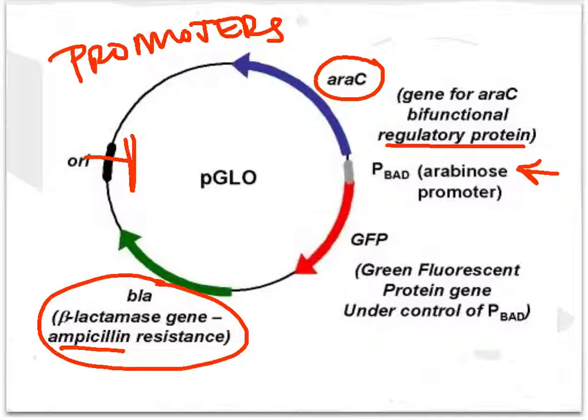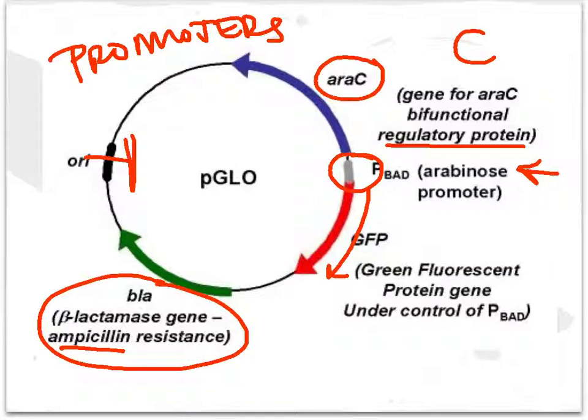When arabinose is present, we have a regulatory protein, which we're going to call protein C. When protein C is translated, it will attach to another promoter, this promoter here, and code for another protein called the green fluorescent protein. The green fluorescent protein is simply a protein that gives the property of fluorescence, specifically a green fluorescence.